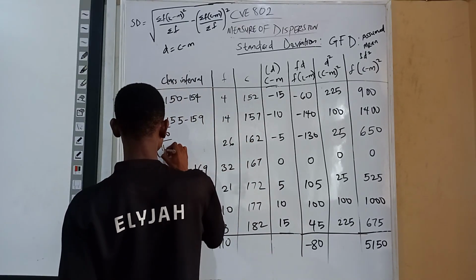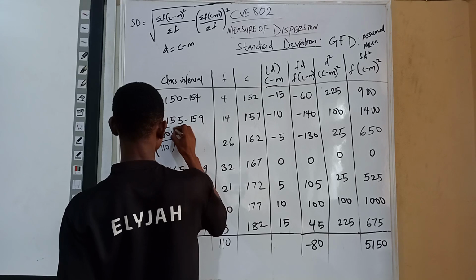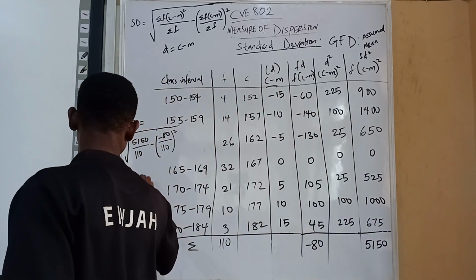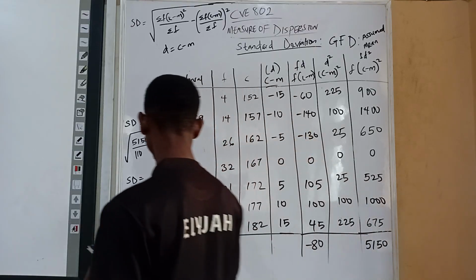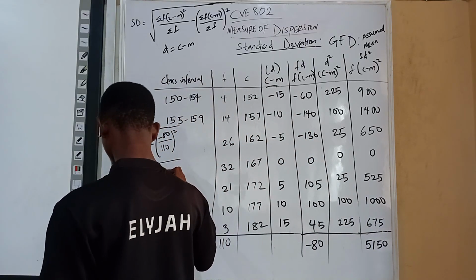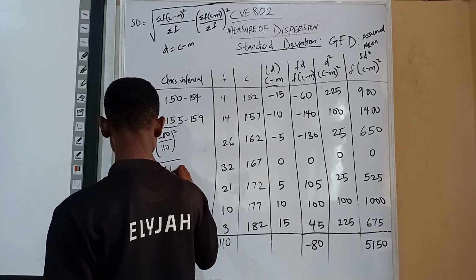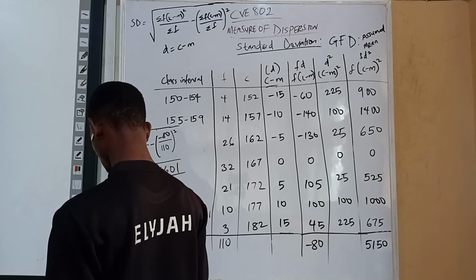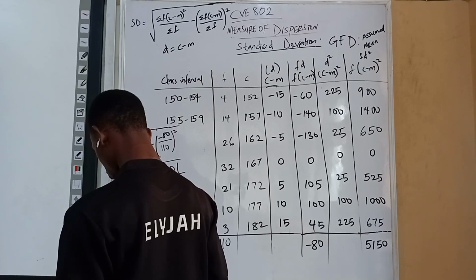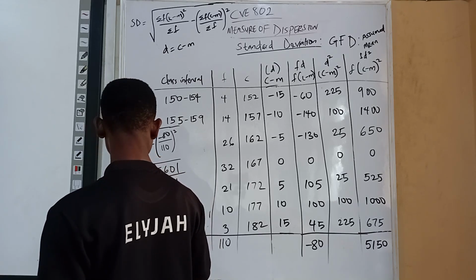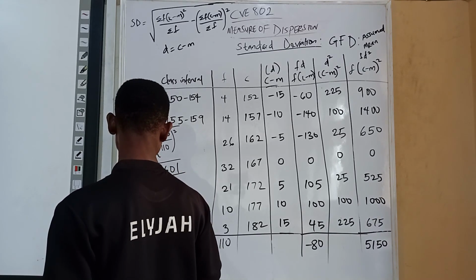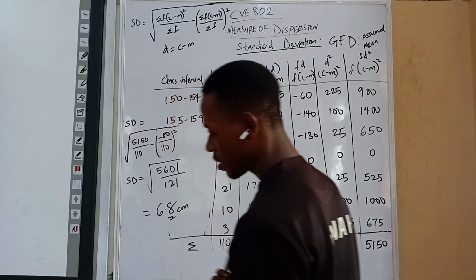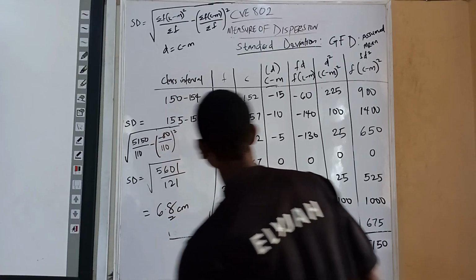Solving this, it gives us the square root of 5601 divided by 121. Finding the square root, it is equal to 6.8 cm, which is the same thing as what we got from the beginning.